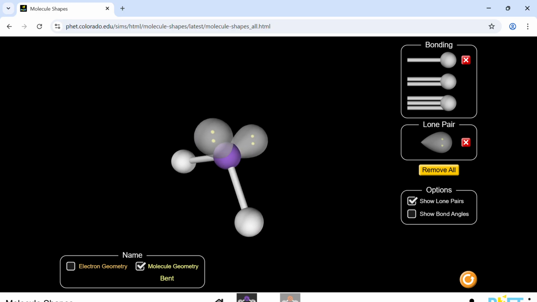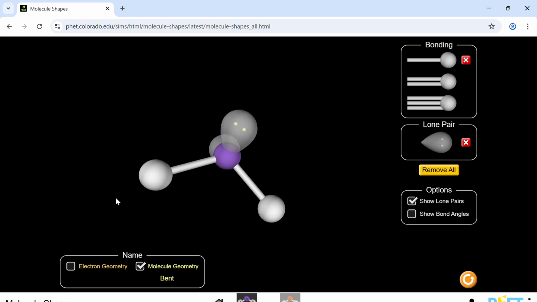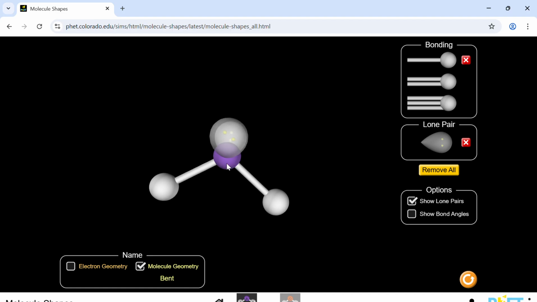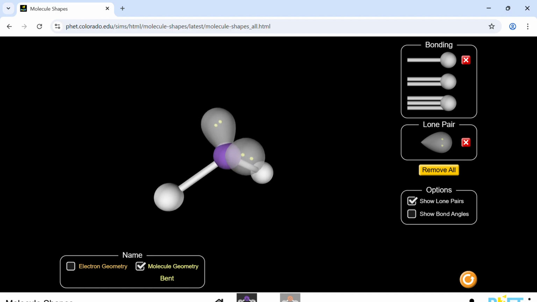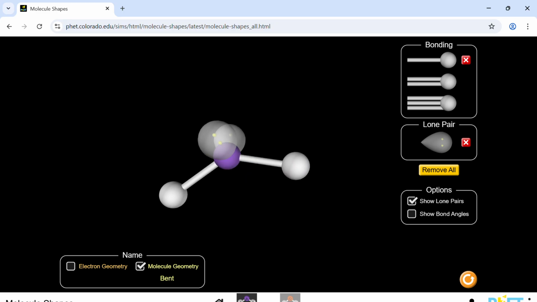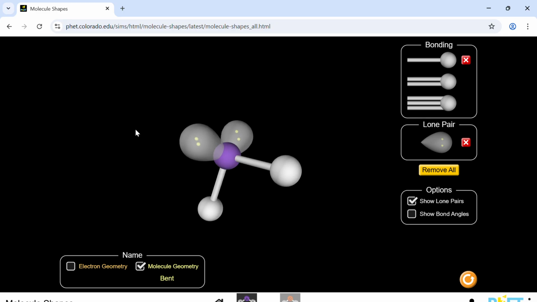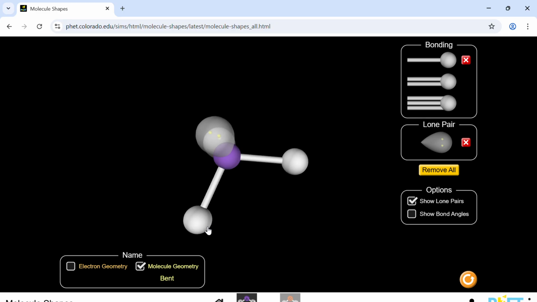So it's just like this. So the central oxygen atom will have two lone pairs on the top, and the two hydrogen atoms will form an angle right here.